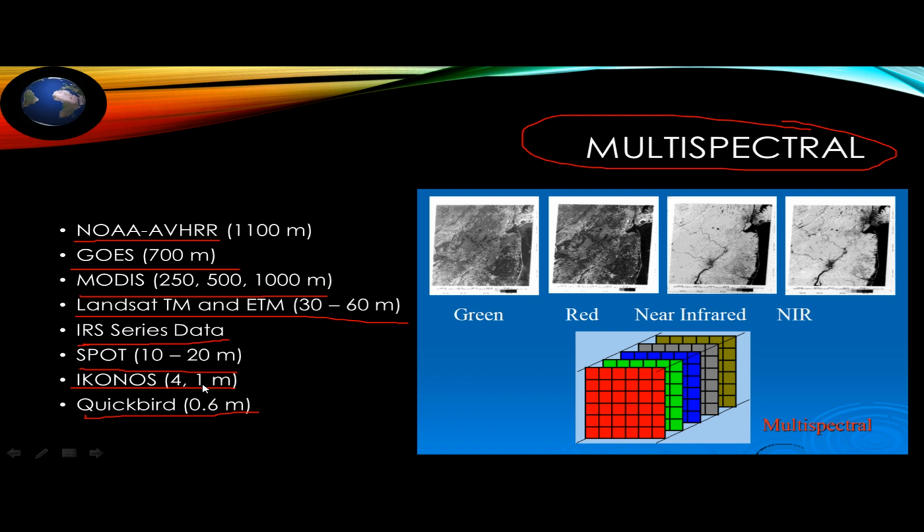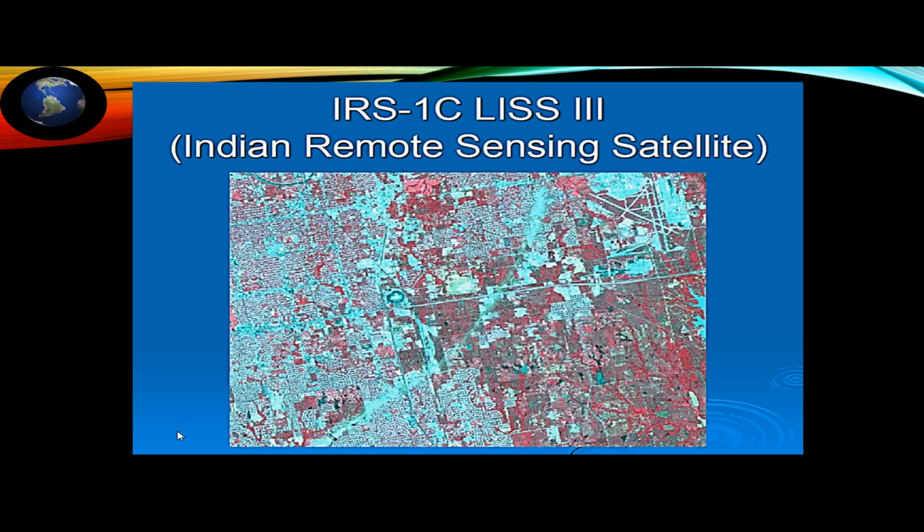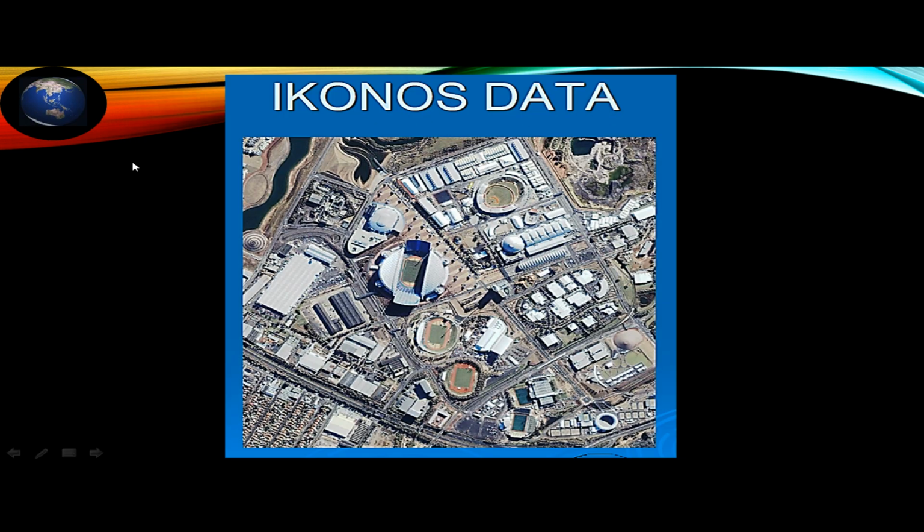All these numbers are telling about the spatial resolution. I will explain the spatial resolution in detail in my further slides. See how clearly the features of the earth surface are appearing, because this is the multispectral band, 4 meter resolution.